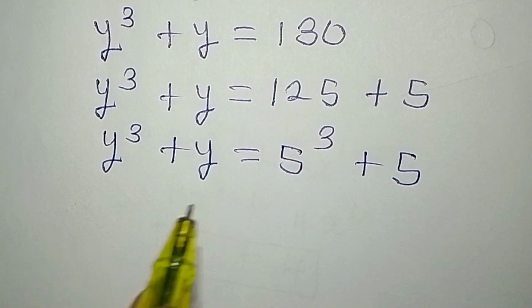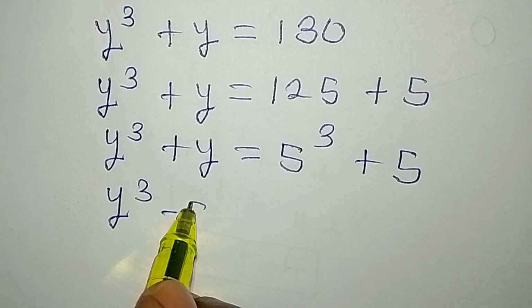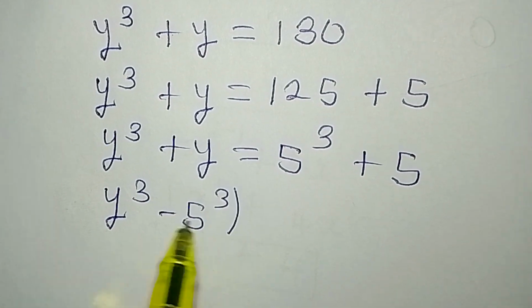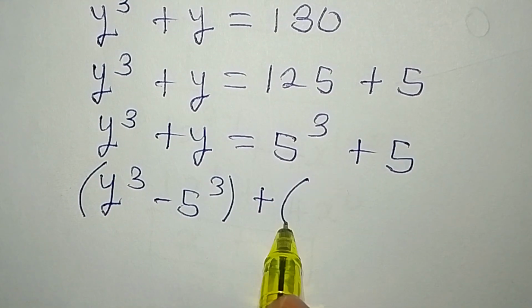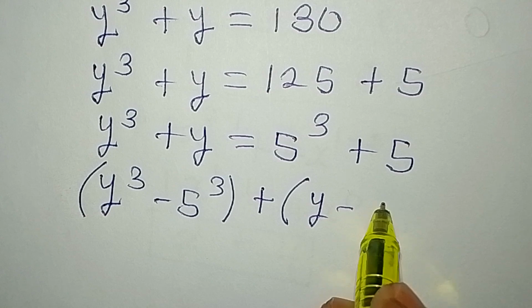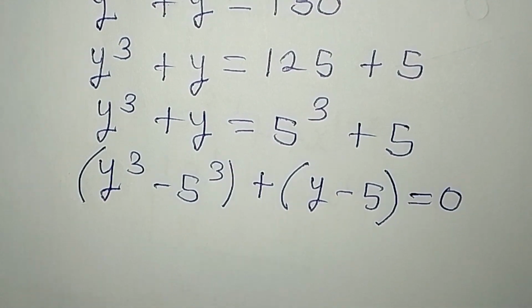Let's bring everything to the left. So we have y to the power of 3 minus 5 to the power of 3. We're going to deal with this first. Then plus, we have y minus 5, and then this is equal to 0.